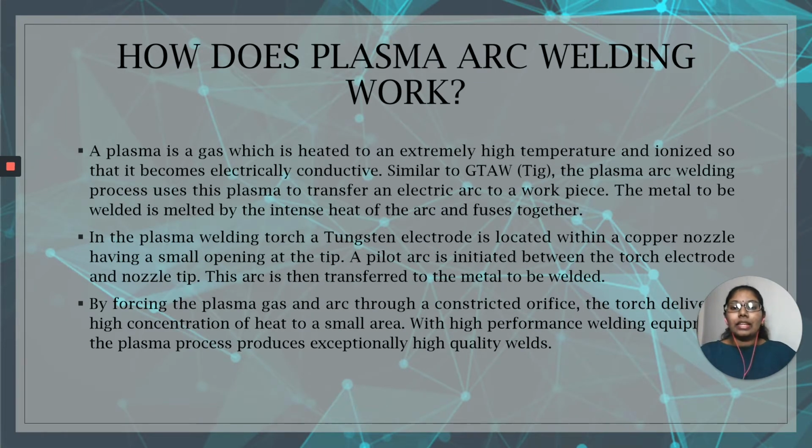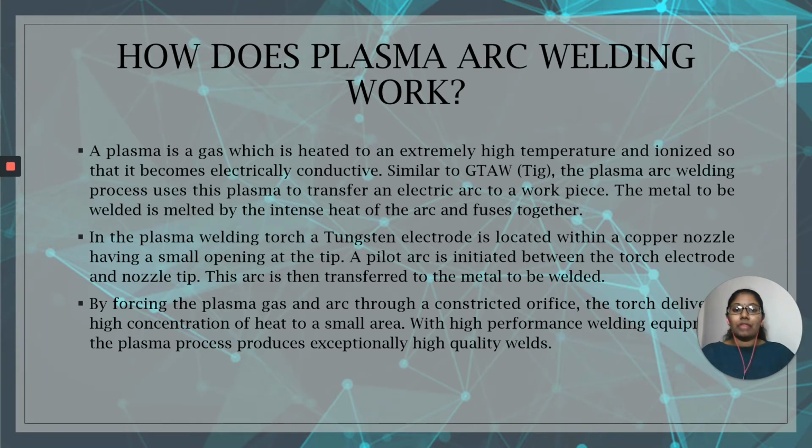In the plasma arc welding torch, a tungsten electrode is located within a copper nozzle having a small opening at the tip. A pilot arc is initiated between the torch electrode and nozzle tip. This arc is then transferred to the metal to be welded.